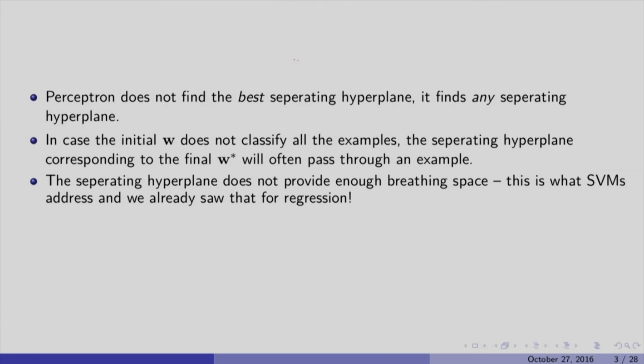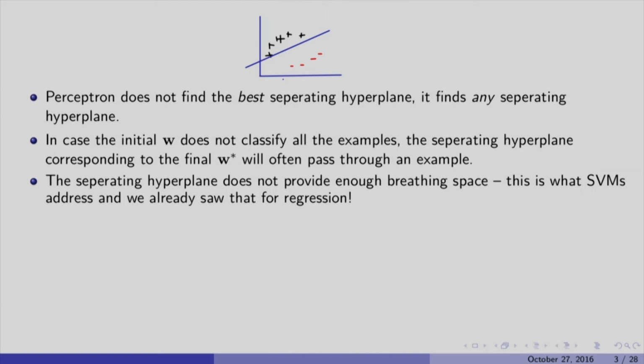So recall our discussion on perceptron, which does not necessarily find the best separating hyperplane, it finds any separating hyperplane. So pictorially what this meant was, if you had some negative points and some positive points here, the separating hyperplane could have landed up being something like this, invariably passing through one of the points.